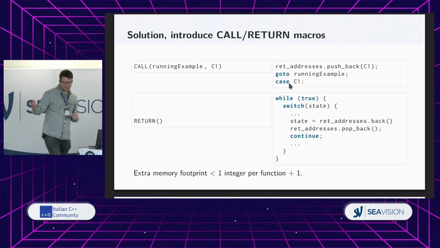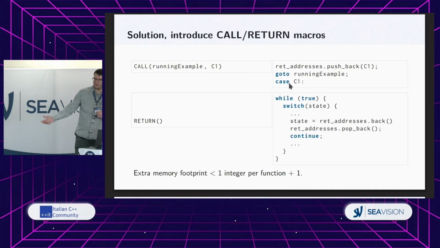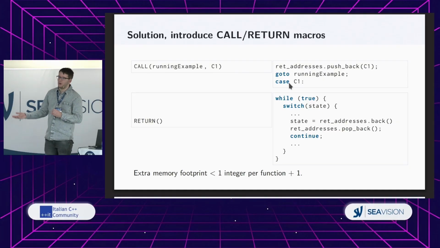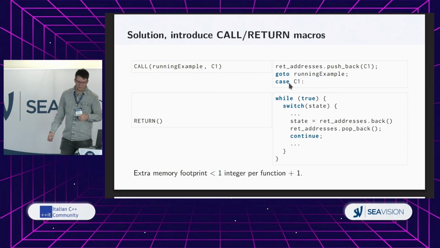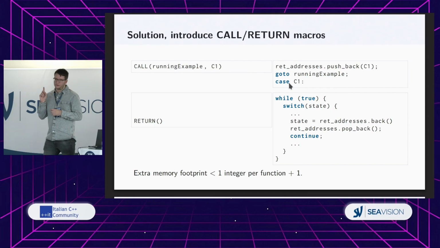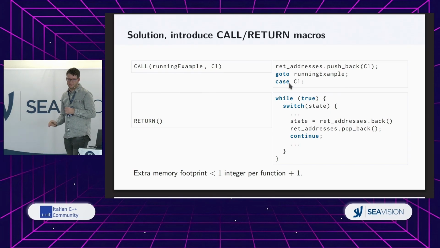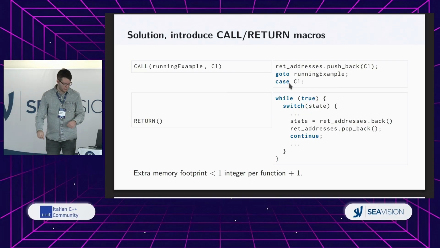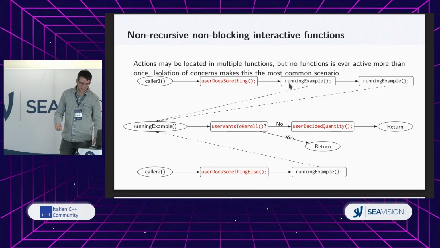And so in this way, we have implemented fake calls. We are kind of emulating a call stack. And this trick costs us at most one integer plus one integer for each function of the system. At most, because the return addresses stack will never contain more than one return address for each function of your system.